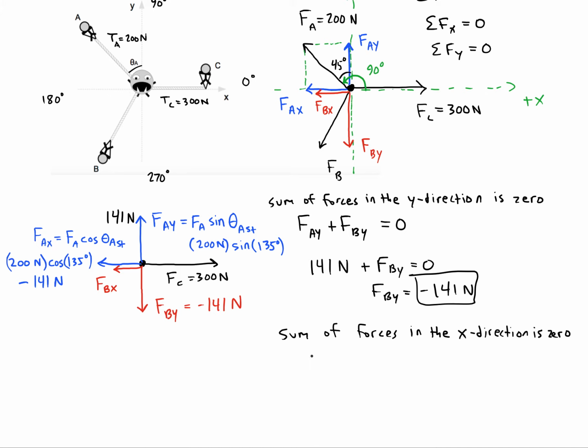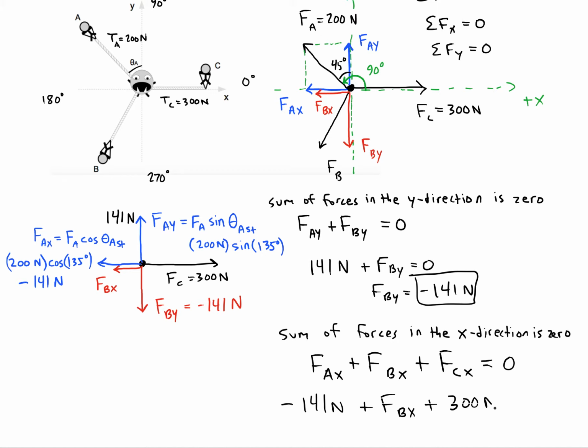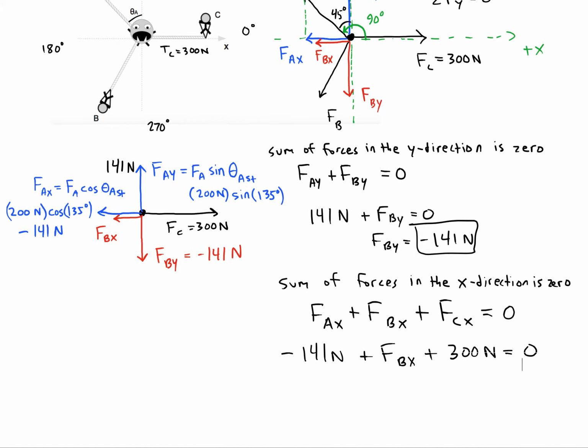So you would say Fax plus Fbx plus Fcx is 0. We'll have negative 141 for the Fax because you want to keep track of the signs. Fbx is unknown, and Fc is 300. Therefore, this is solvable for Fbx. Fbx is 159 newtons, but it's negative.